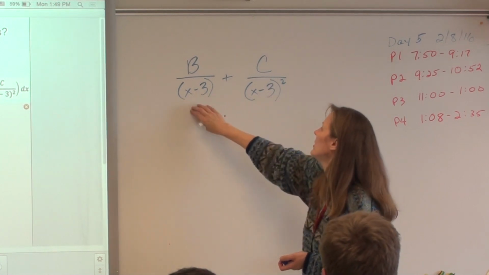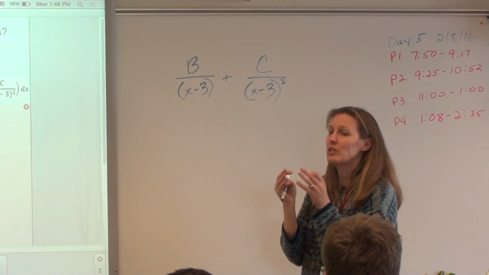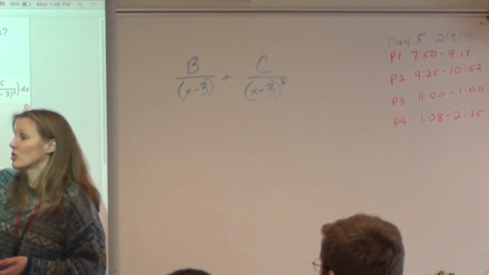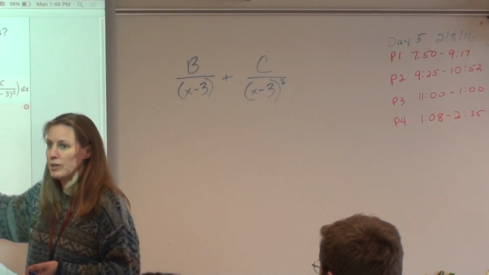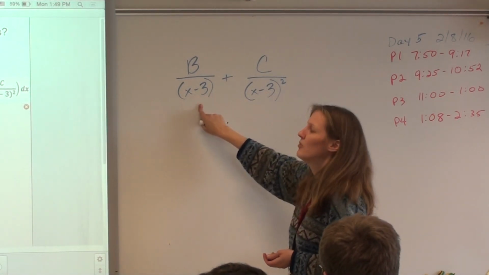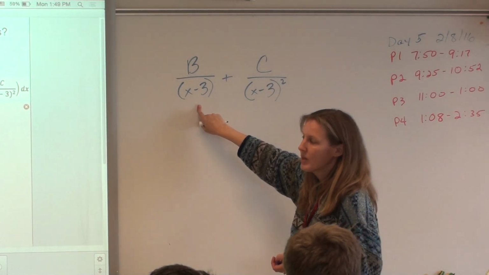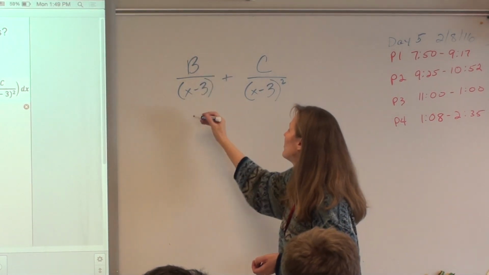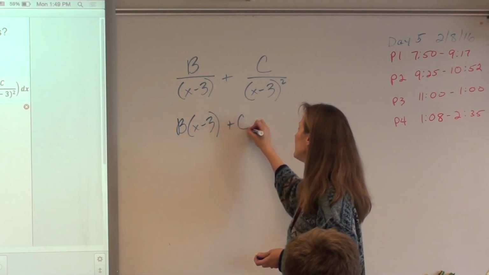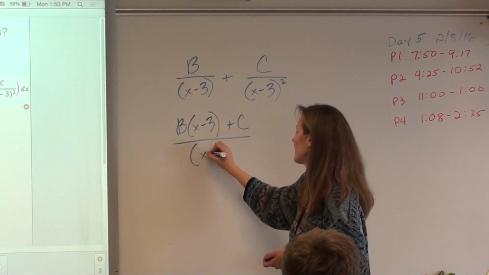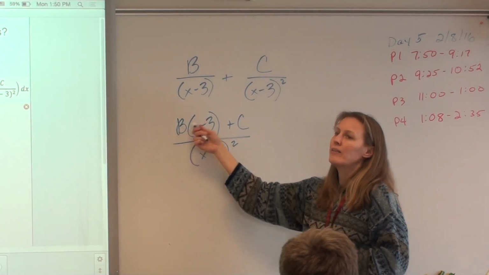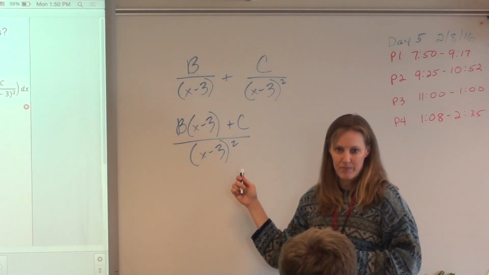Because if we were to combine these and treat it truly as just one quadratic factor, there's just one thing that's squared. Well, if we split it up like this, if we find an LCD, what we would end up with would be b times x minus 3 plus c over x minus 3 squared, which ends up being a linear over a quadratic.